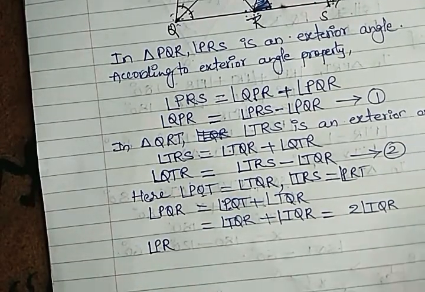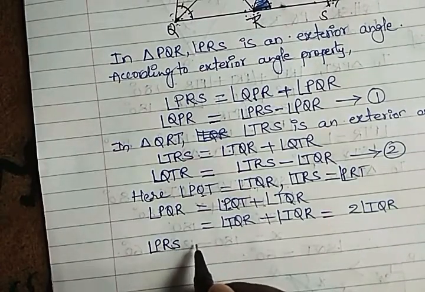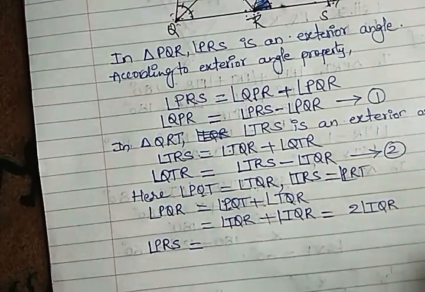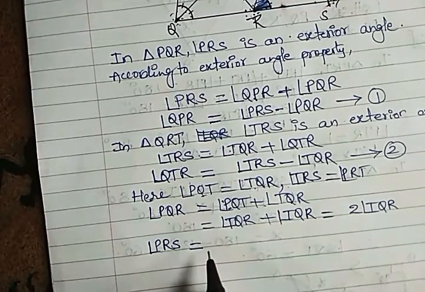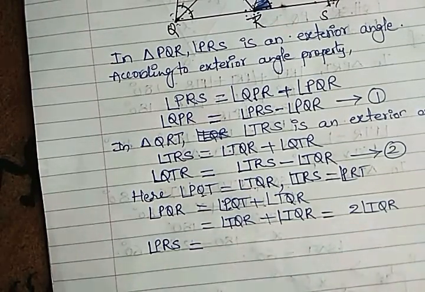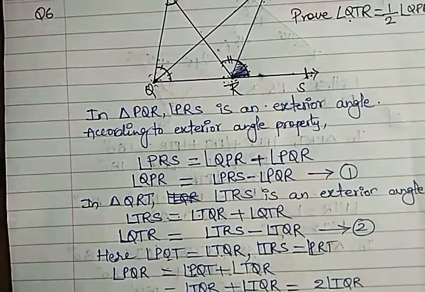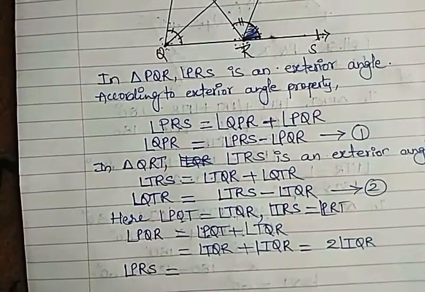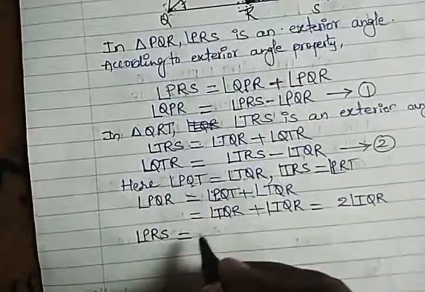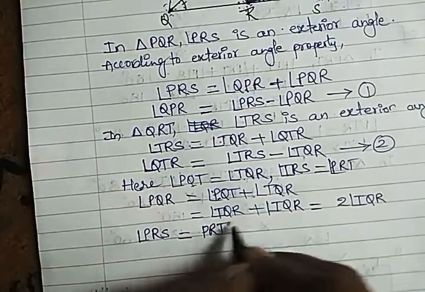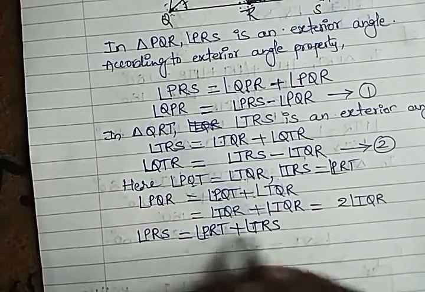PRS is the sum of two angles, that are PRT and TRS, and they are both equal also.